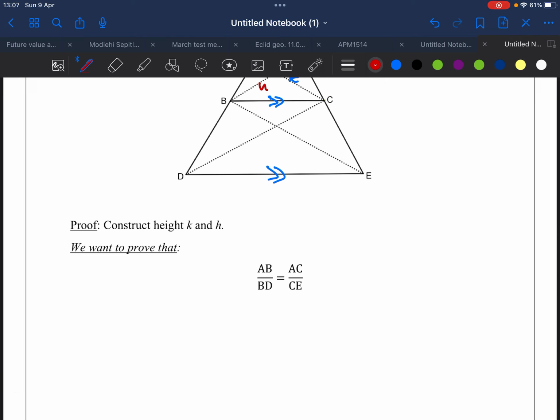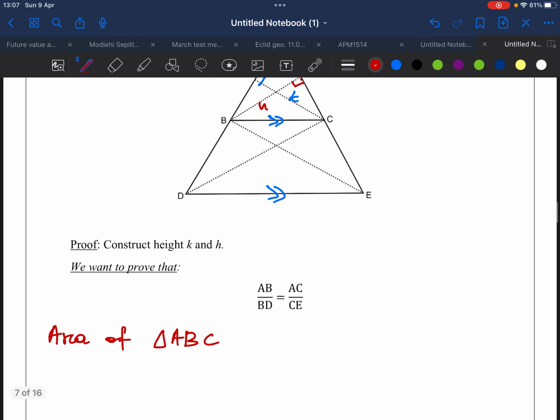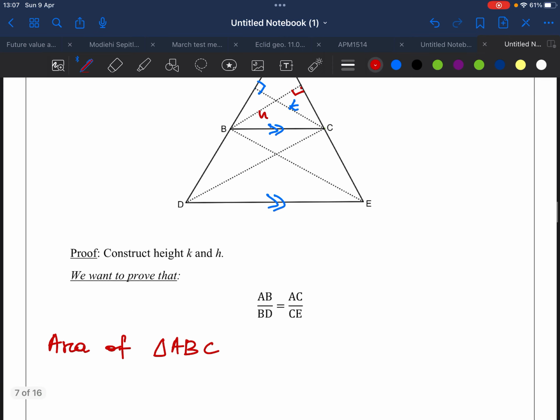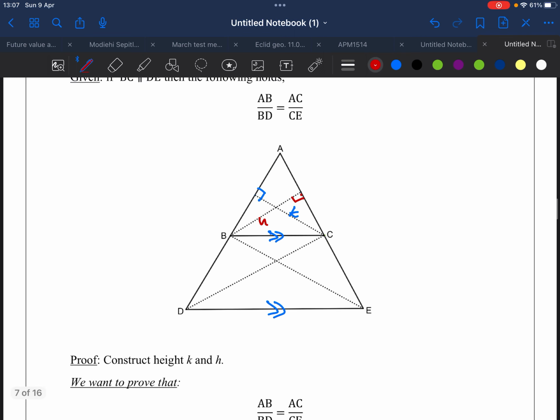I'll start by finding the area of triangle ABC. So let us check, where is our triangle ABC? We have our perpendicular height K there.